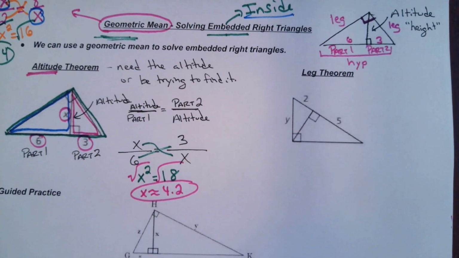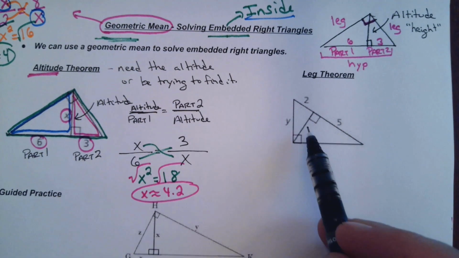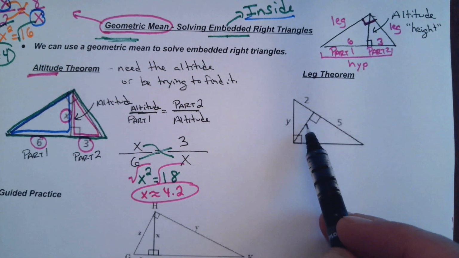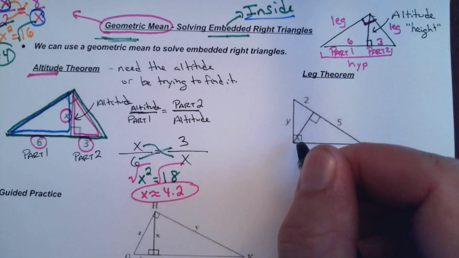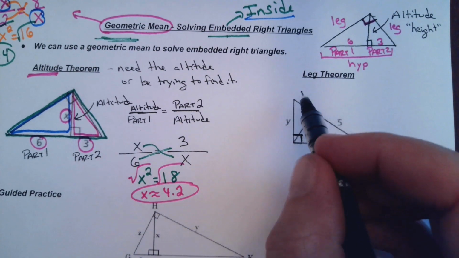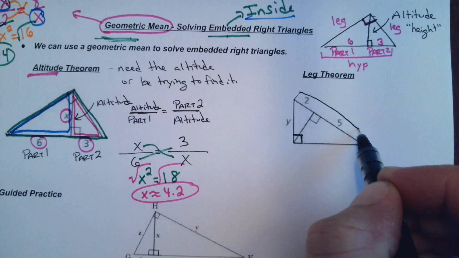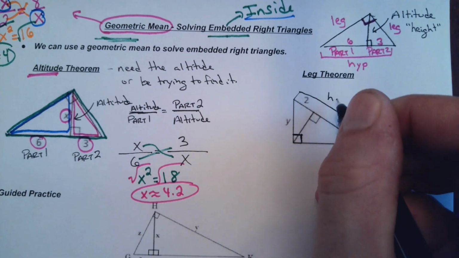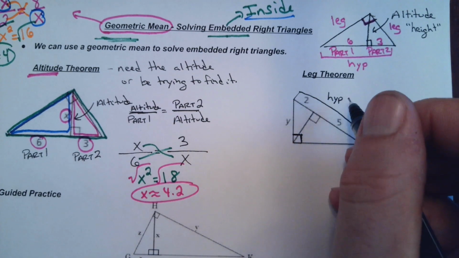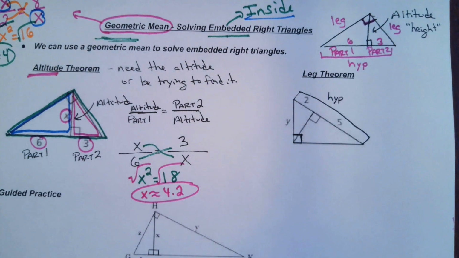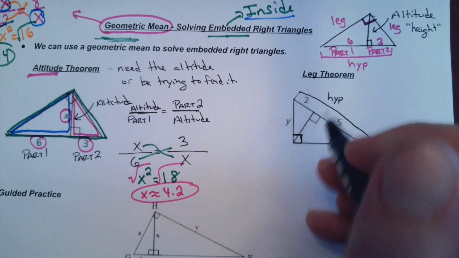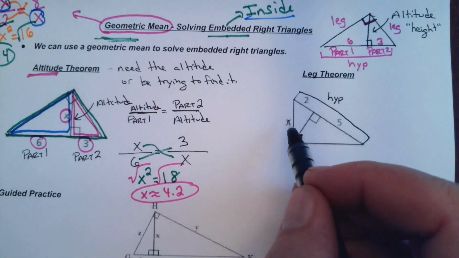All right, so now we come over to this one. We just learned the altitude theorem, but then we look at this one and we're like, oh, there's no altitude there. Here's my right angle. So this right here is my hypotenuse. There's my altitude, and then these are my legs.